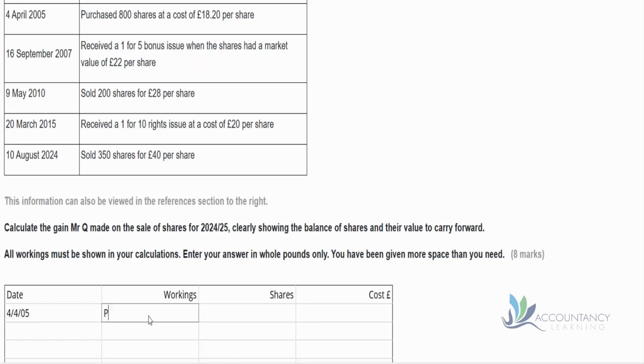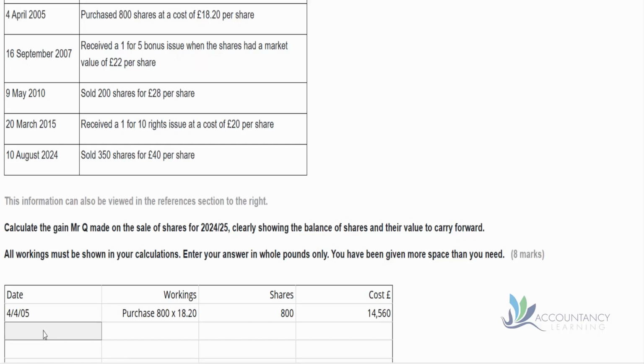Okay, so we can put in here our purchase, and we bought 800 shares multiplied by 18.20. So in the shares column, we can put the 800, and then the cost, well, 800 multiplied by £18.20 gives us 14,560. So there's the first transaction. And then we can move on to the next row in the table.